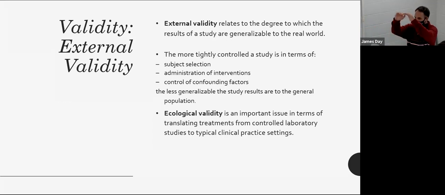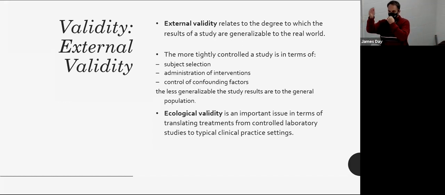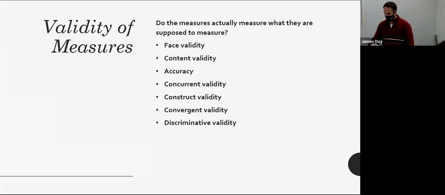It says exactly what will happen with college kids. That's its internal validity. It's true to its question, but it may not be applicable to other things. Validity of measures, this is more internal validity type stuff, right? This is all sorts of different ways that we can establish validity, but basically this says, do the measures do what they say they're going to do, similar to internal validity.